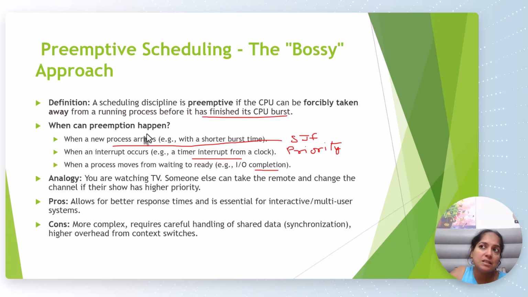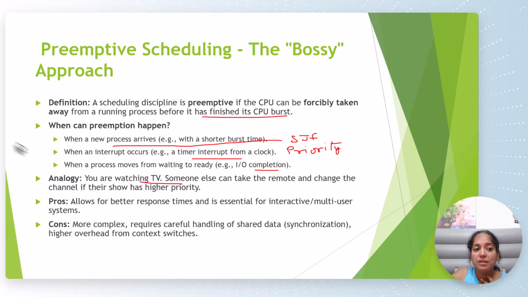These are some of the scenarios where preemption can happen. It's like you're watching TV and someone else comes in, takes the remote and changes the channel. So that is preemptive, because the processor has been taken from you.